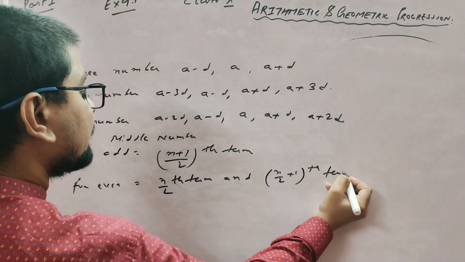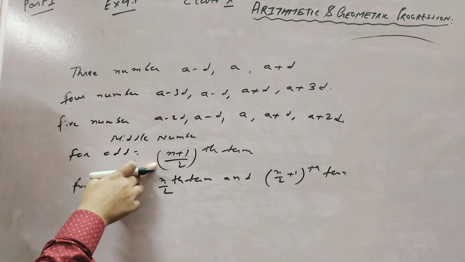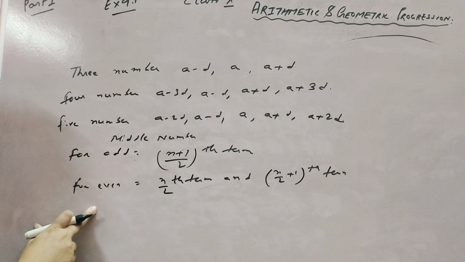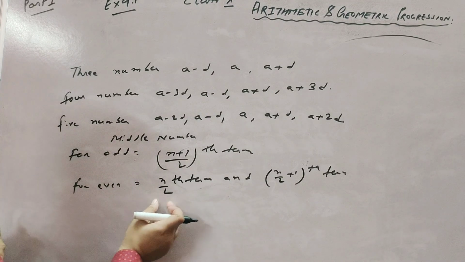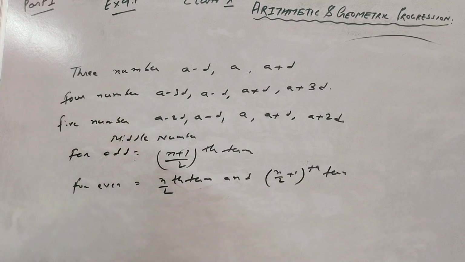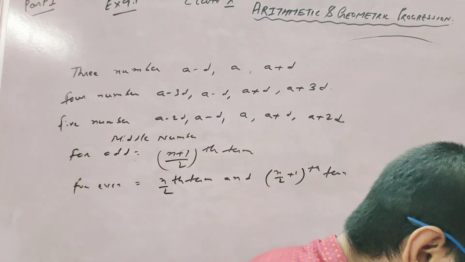That means two numbers. We know that for an odd number there is one middle term, so we calculate one middle term, but for an even number there are two middle terms. So first one this one and second one this one. Okay, note. So today we start from exercise 9.1, very easy, and this chapter is seriously very easy.